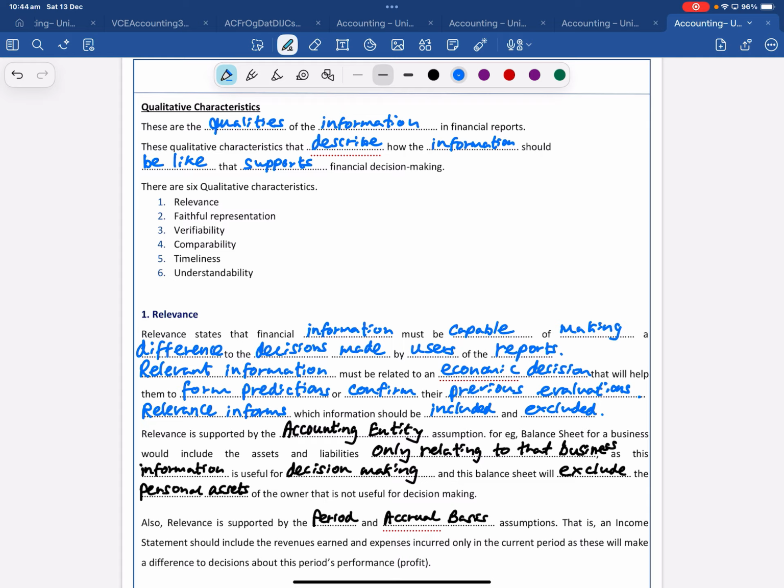So for example, let's say we think about a mobile phone. We know that there are some features, qualities that it should have. We should be able to communicate, call, text.